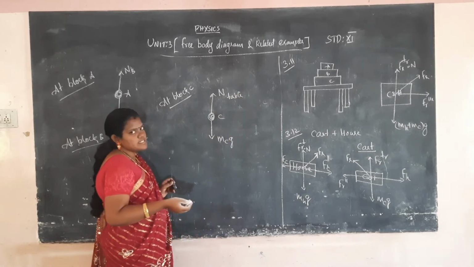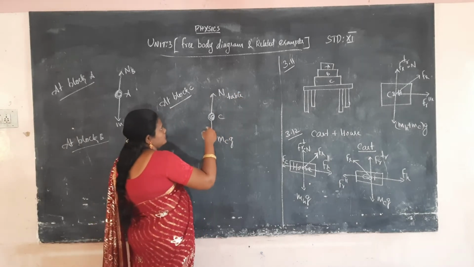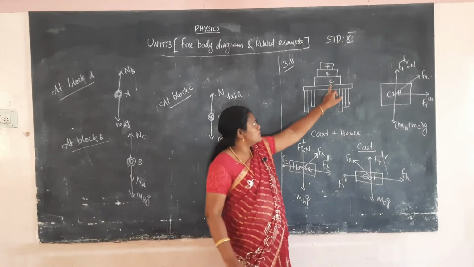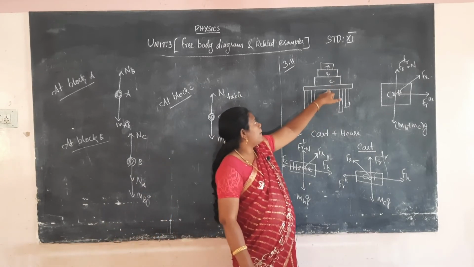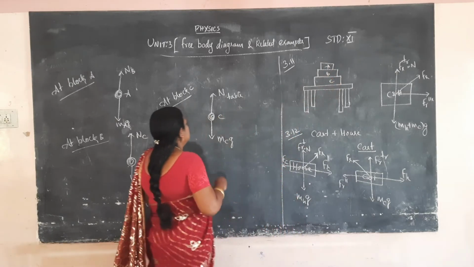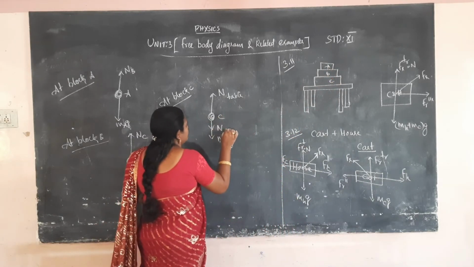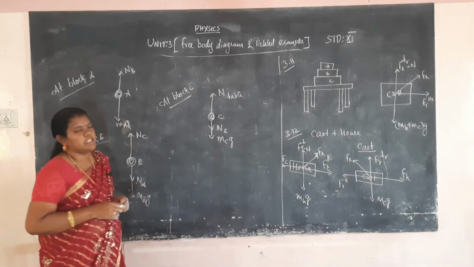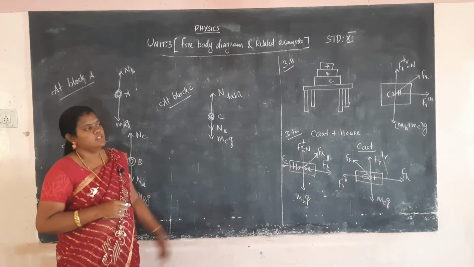Then another one is there, N_B. Block B will be giving a force on C, so it is mentioned as N_B. So the normal force is acting by block B, that's all.